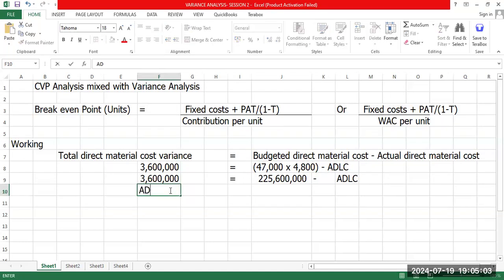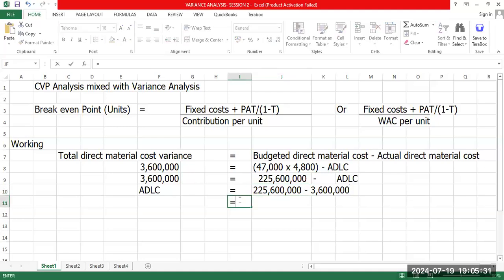We have ADLC, that is our actual direct labor cost. This one is coming this side, then 3.6 going to your right. So it is 225,600,000. Then you subtract 3.6 million.